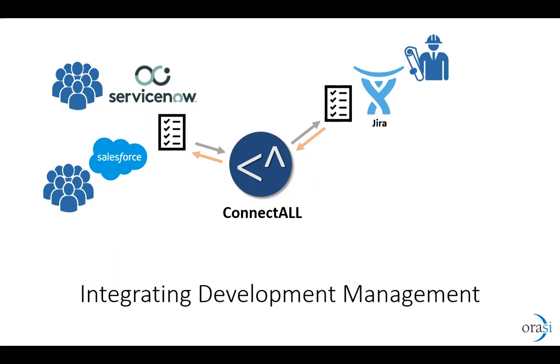This is all enabled through an automation interface so that no human has to be between those two steps. The customer enters their request. The next thing that happens is the Jira person sees it on their backlog. They assign it to a sprint or whatever, and those changes, along with the anticipated release dates and whatever else is important for the customer to know, flow back into, in our example, ServiceNow.